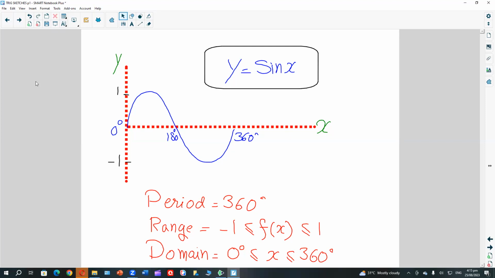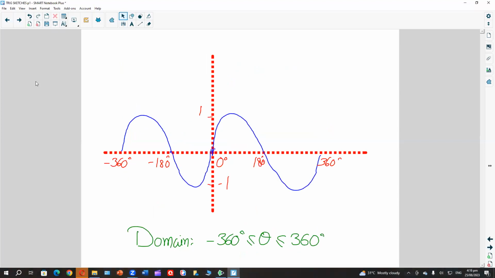All right, done. Now look at this screen, and the graph is extended backward in the same shape. Now you have to copy this.